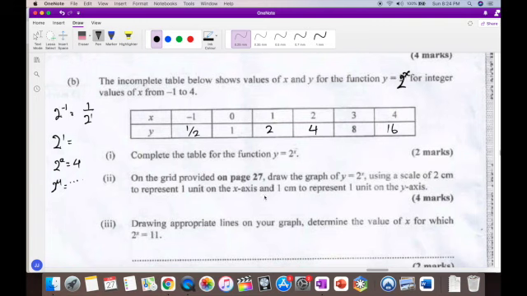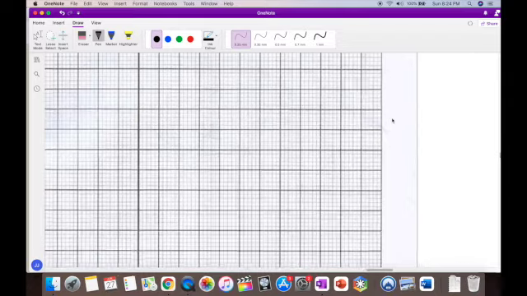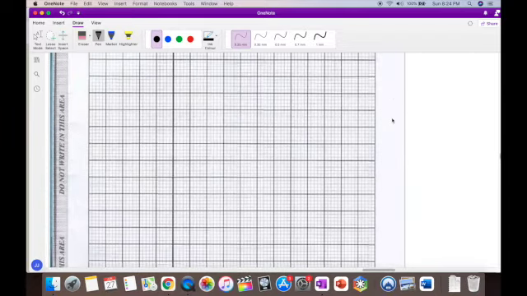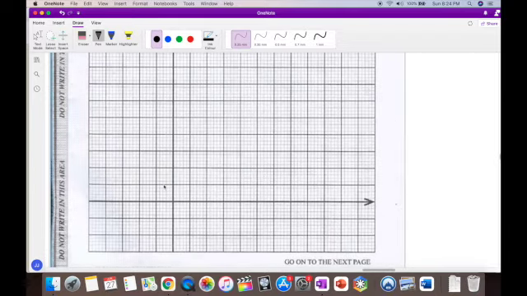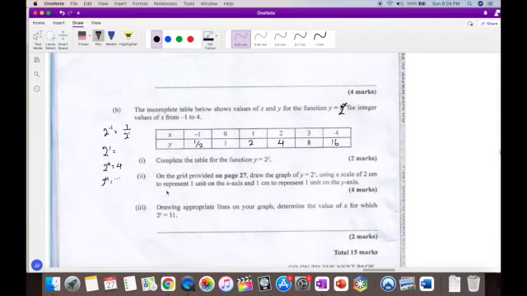represent 1 unit on the x-axis, 1 centimeter to represent 1 unit on the y-axis. So I started from -1 and I'm going to 4 on the x-axis. So let's see. They say 2 centimeters. So from this 0 here, if I do 2 centimeters, then this will be 1, 2, 3, 4, and this will be -1. And then 1 centimeter on the y, well, I'm going from 1 to 16.